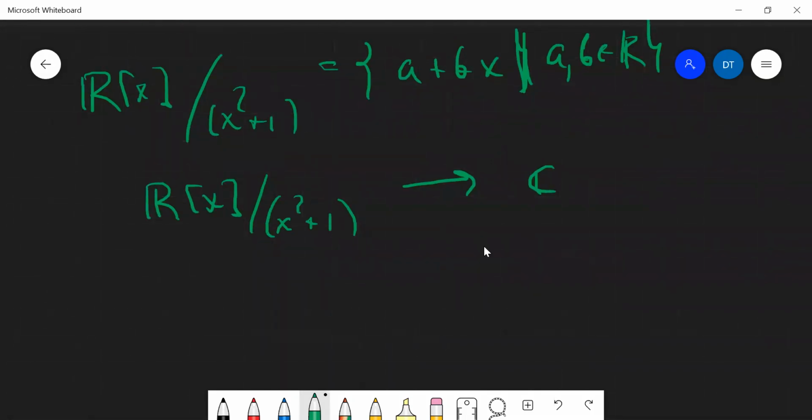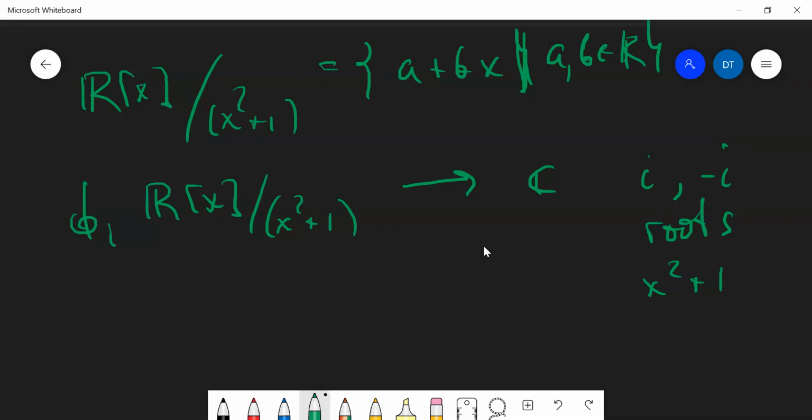Well, inside the complex numbers, we have a root of the polynomial x squared plus 1. There are two elements, i and minus i. They are roots of x squared plus 1. So there are two homomorphisms from the left-hand side to the right-hand side.